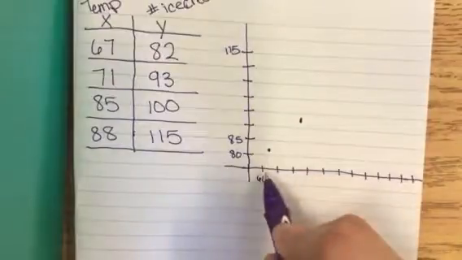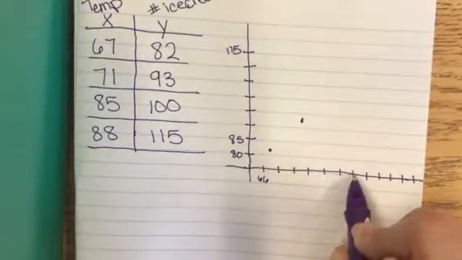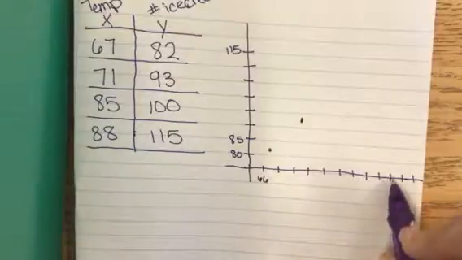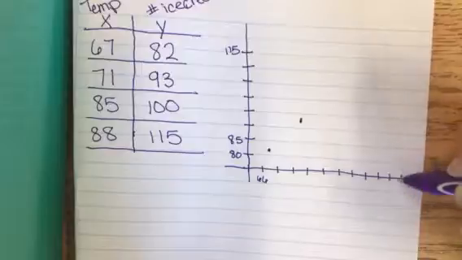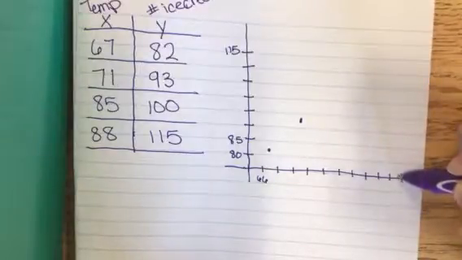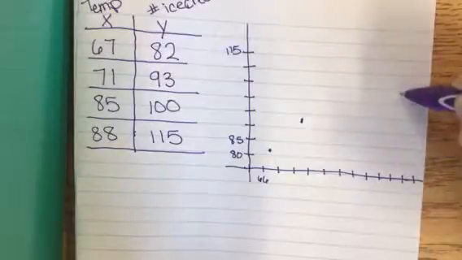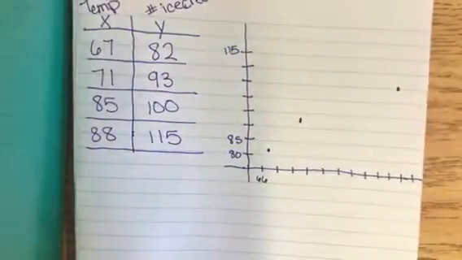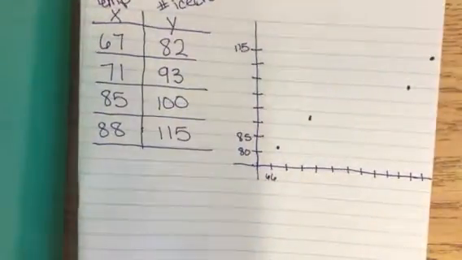I want 85, so 66, 68, 70, 72, 74, 76, 78, 80, 82, 84. So here's 85. And again, you could take the time to number them all so you don't have to count. It's not too hard for me to count backwards, so that could depend on your skill set. Okay, so I have 100 up here. And then I have 88, 115.